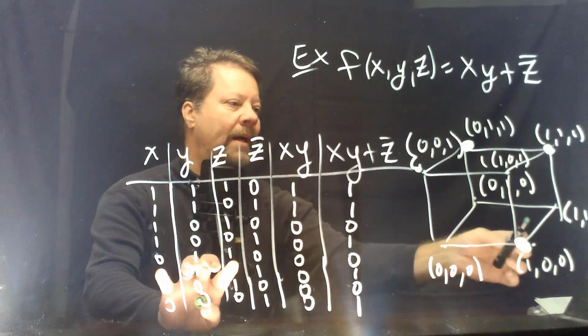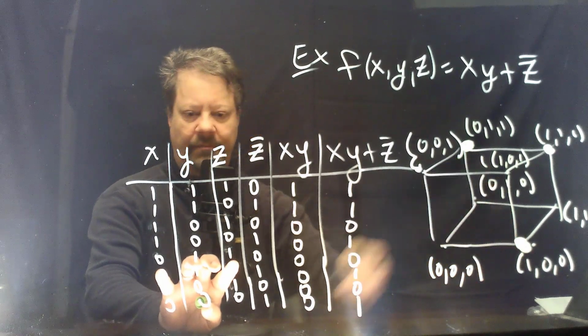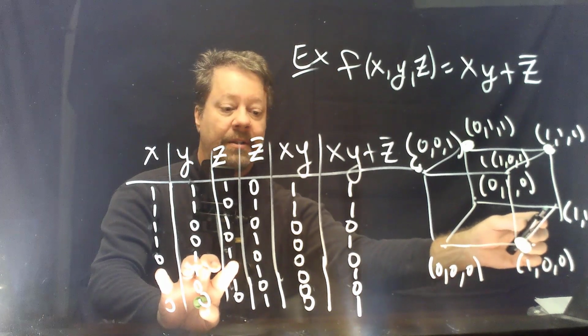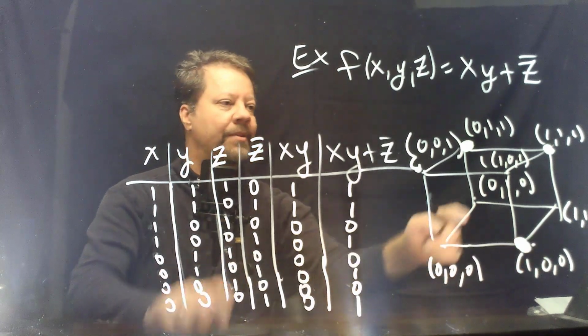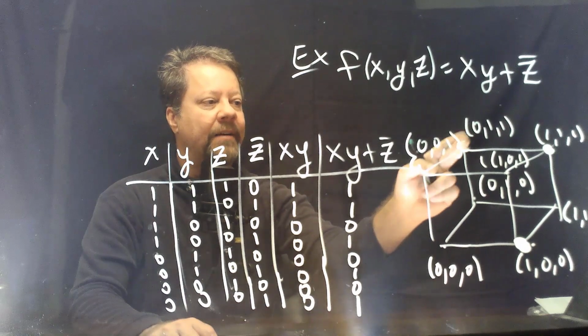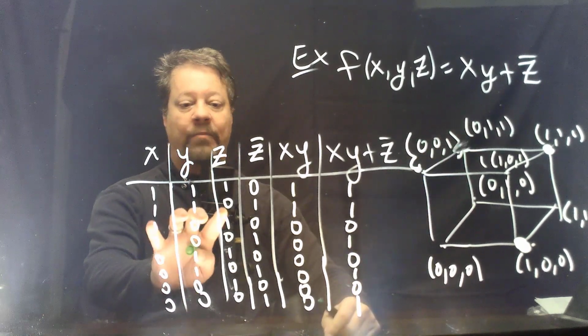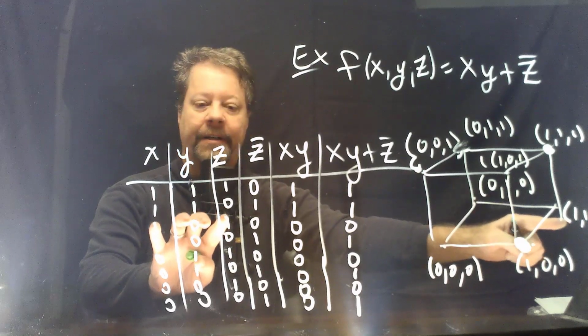0, 1, 1. 1, 1, 0 is true, but 0, 1, 1 is false. So I made an error here. Yeah, 1, 1, 0 is over here. That's true.